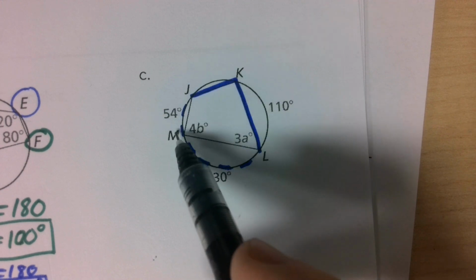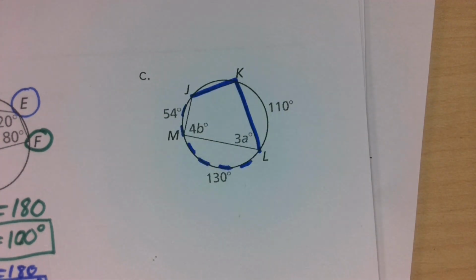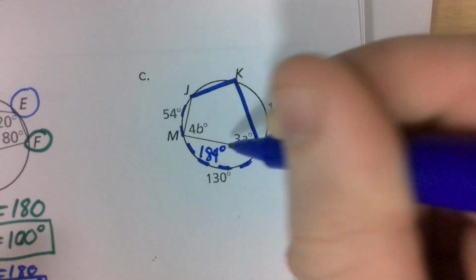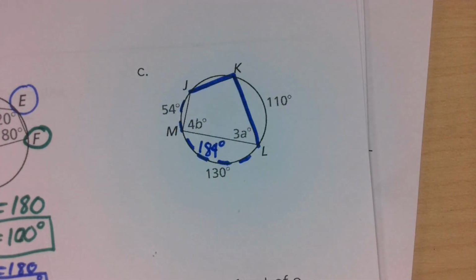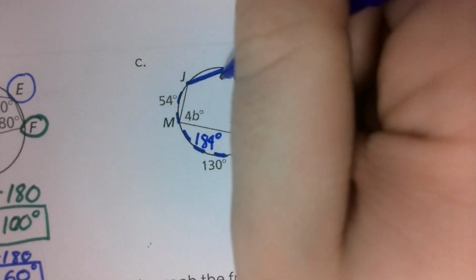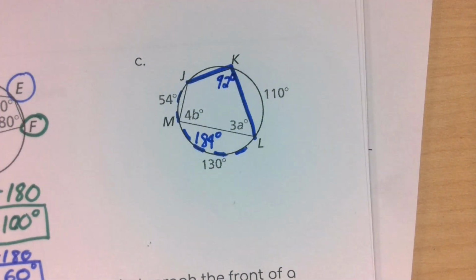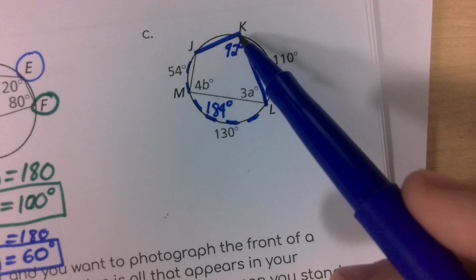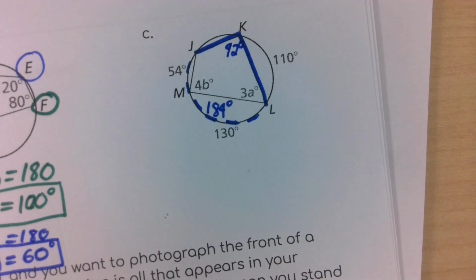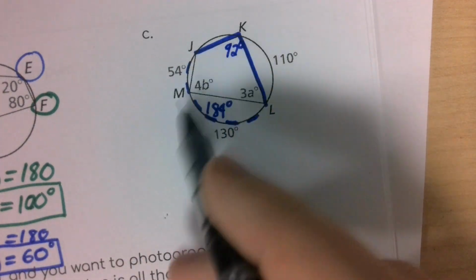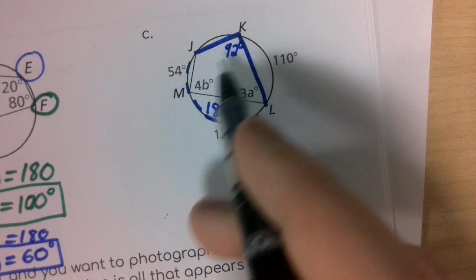Well, since JM is 54 and ML is 130, this entire arc is 184 degrees. So what's the measure of angle K? Angle K is going to be half of that, which is 92 degrees. Now we can use this angle to solve for 4B, because opposite angles in an inscribed quadrilateral are congruent.